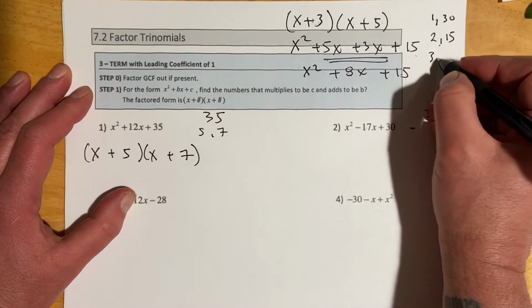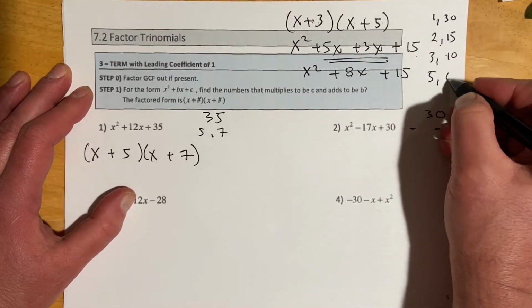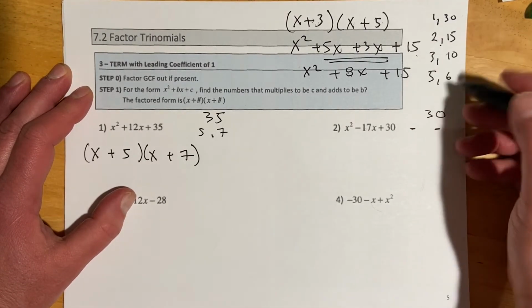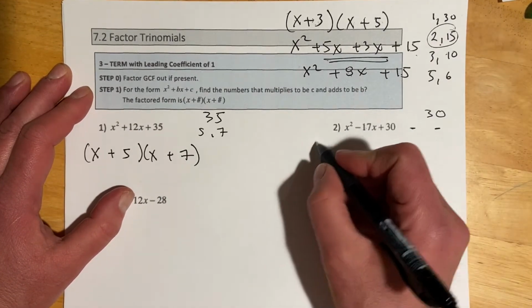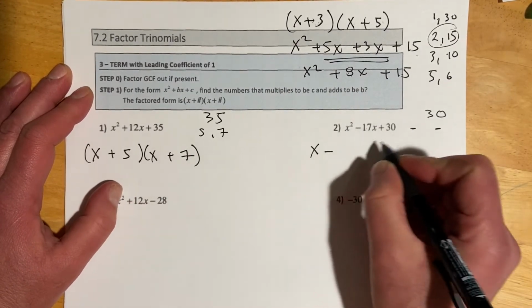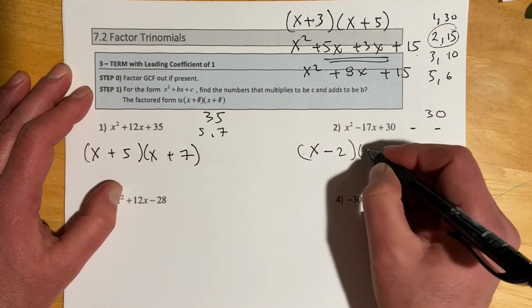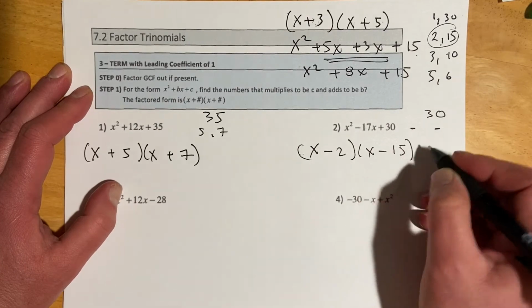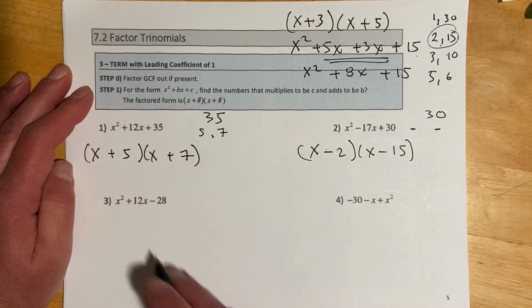So you can always just start the list, and you are eventually going to find that number. So right there, that would have been all my possible combinations, and I just have to look for the 17, which is here. So this one will be x minus 2 and x minus 15. Again, both negatives to multiply to positive, add to be a negative.